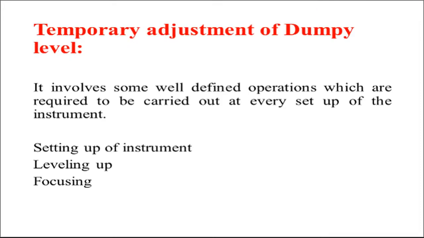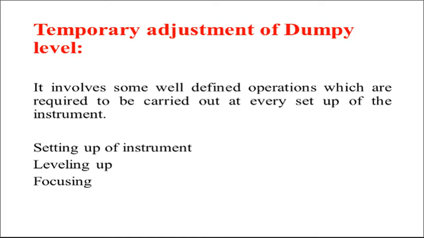Friends, when we want to take a reading with a dumpy level and leveling staff, we have to perform some adjustments. That adjustment we call a temporary adjustment. This involves some well defined operations which are required to be carried out at every setup of the instrument.